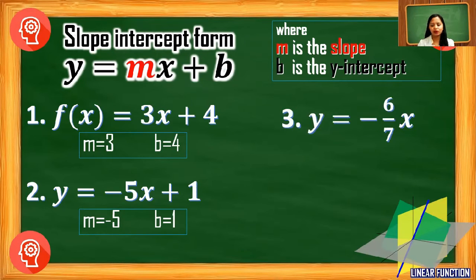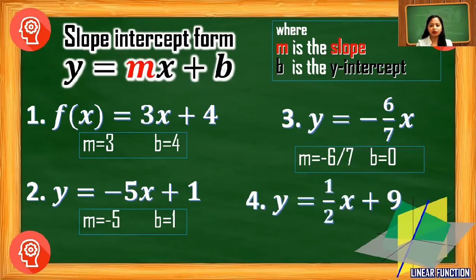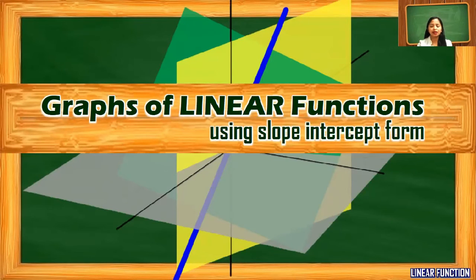We have y is equal to negative 6 over 7x. So our slope is equal to negative 6 over 7 and our y-intercept is equal to 0. How about this? y is equal to 1/2 x plus 9. Yes, you're right. Our slope is equal to 1/2 and the y-intercept is equal to 9. Very good. Now, let's proceed to the graph of a linear function.